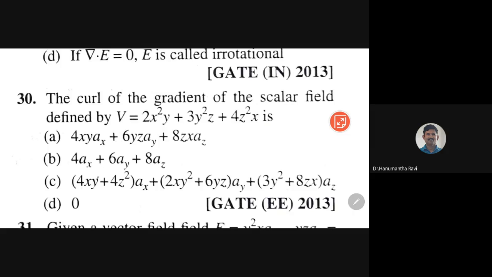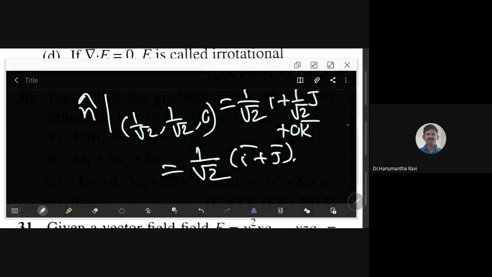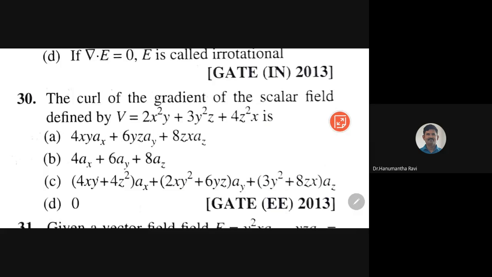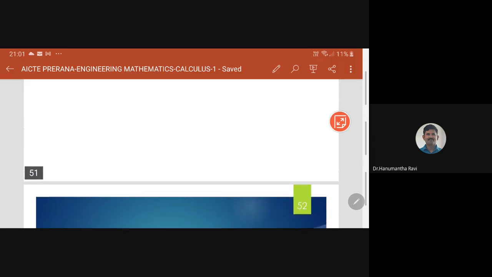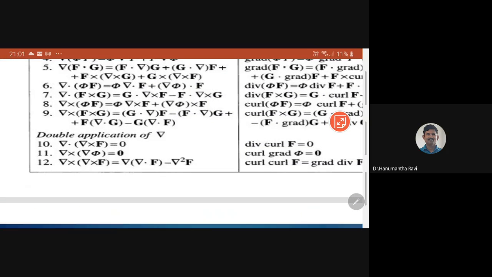The curl of the gradient of a scalar field is always 0.